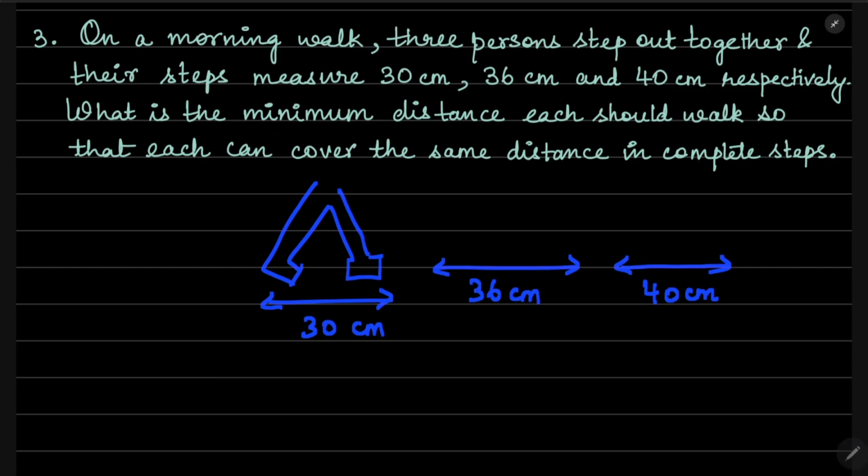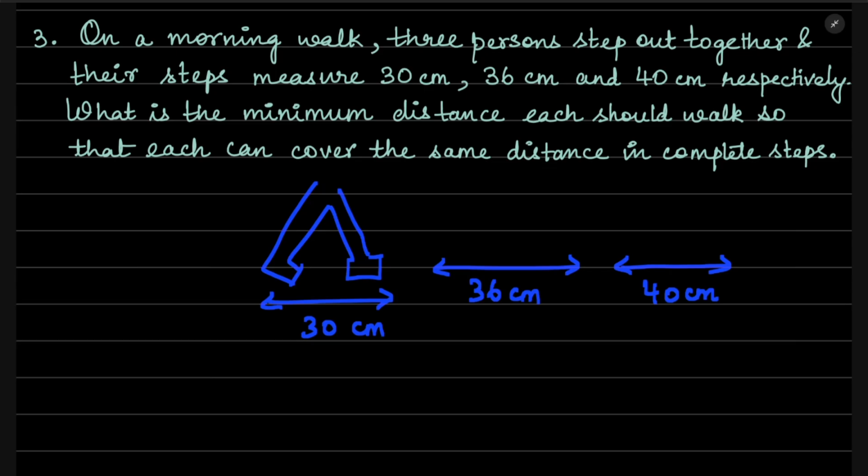what you have to think is, will the minimum distance that each one of them should walk so that they can cover the same distance, can it be a lesser value? Can that distance be 10 centimeters or 5 centimeters? Does it make sense to think that the minimum distance that each one of them should cover in complete steps is 5 centimeter?